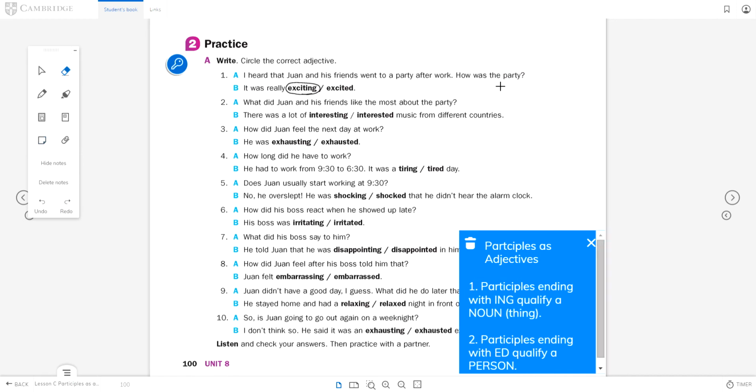What did Juan and his friends like the most about the party? There was a lot of music from different countries. So I am qualifying music. Do you understand here?